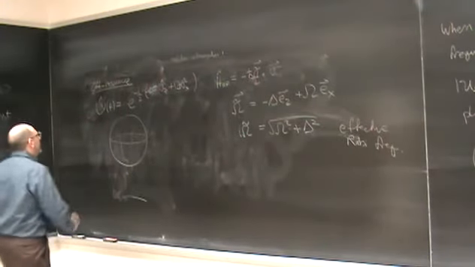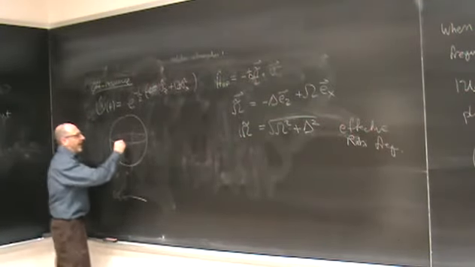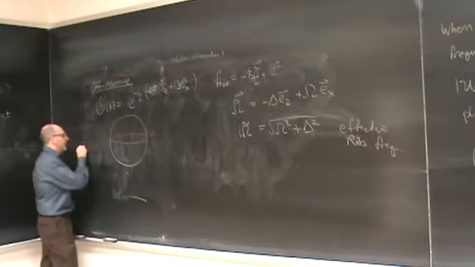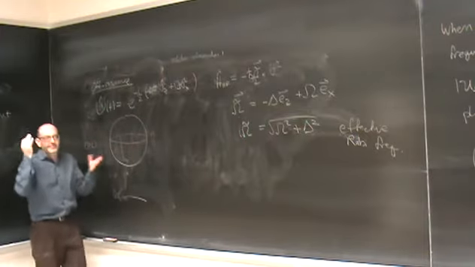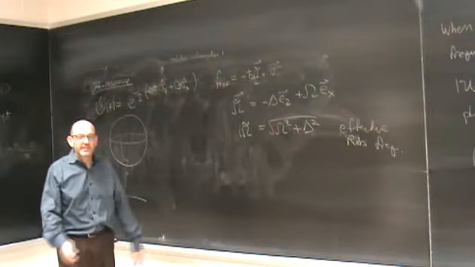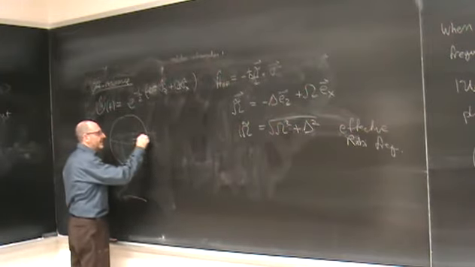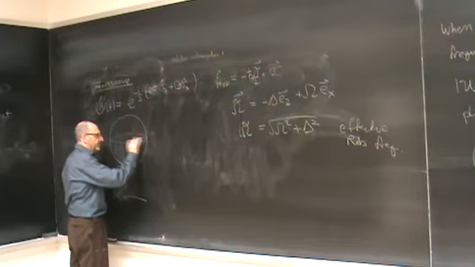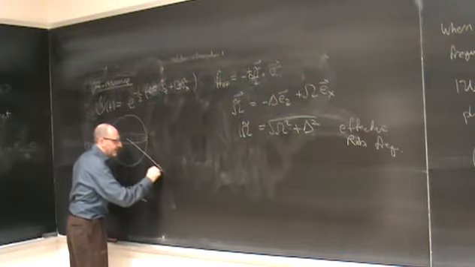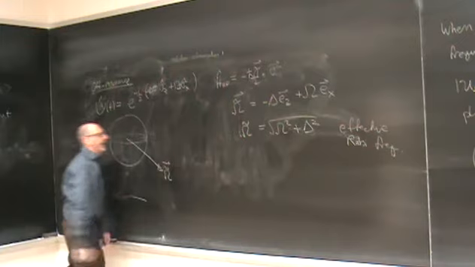Let's, for example, say delta was greater than 0. Say it was between the upper resonance. Well, then what do I have? I have this vector, and so my torque vector is like that.